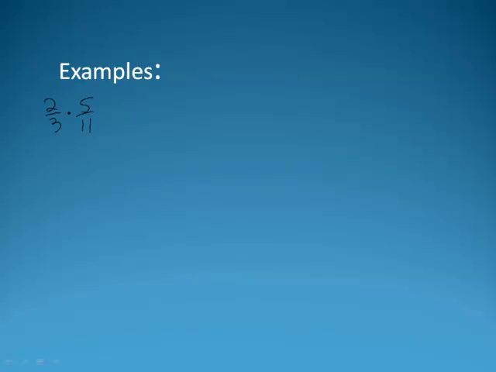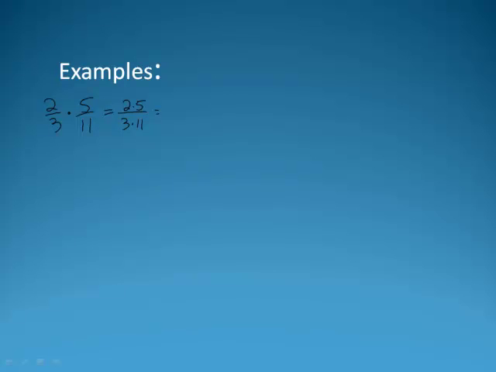Remember, when you multiply fractions, you simply multiply the numerators and multiply the denominators. With multiplication, if there's a common factor you could divide out before you multiplied, you're welcome to do that as well. So, if we decided just to go ahead and multiply the numerator and the denominator, we'd have 2 times 5 over 3 times 11.